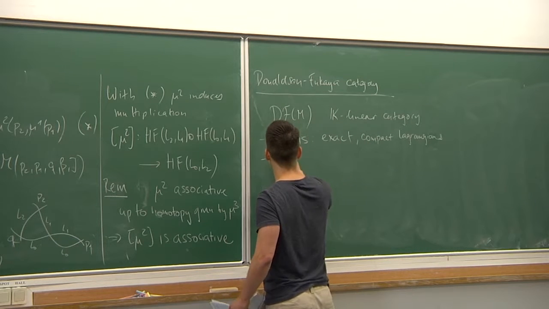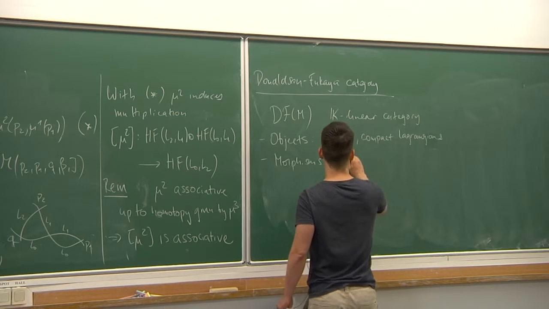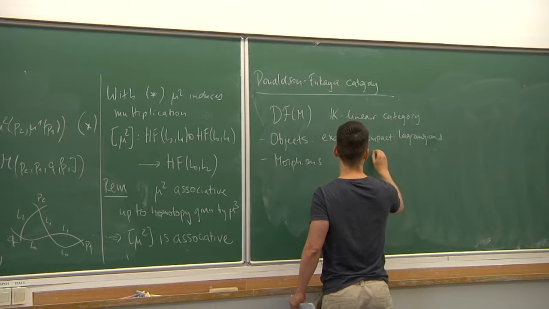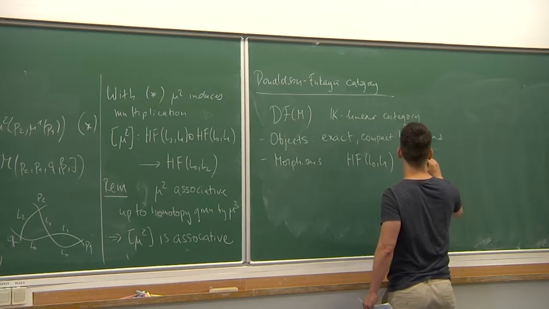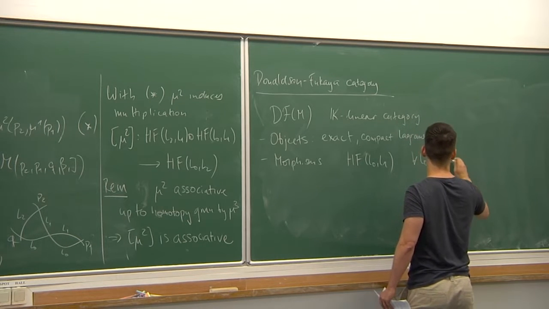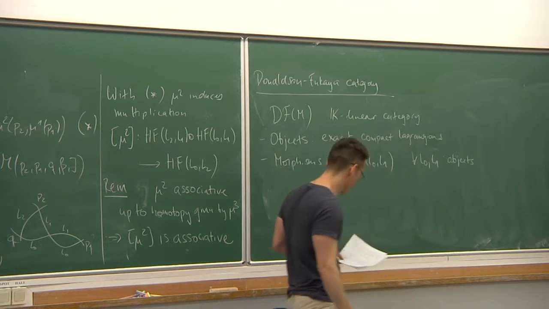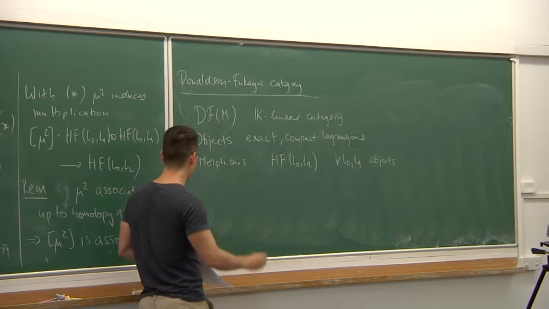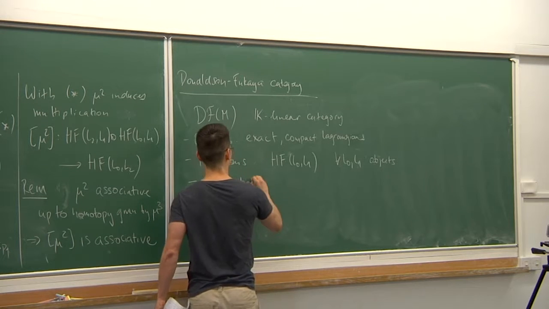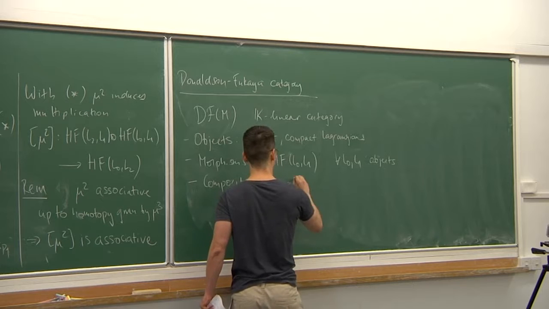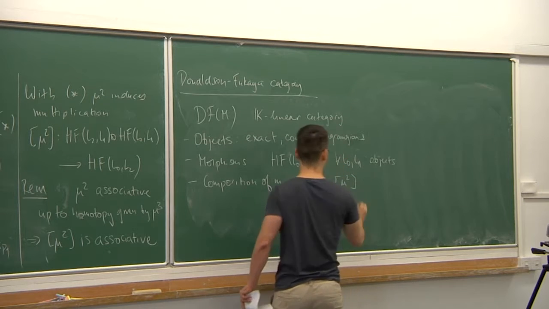The morphisms are given as follows: precisely the Floer cohomology groups of L0 and L1 for all objects L0, L1. And the composition of morphisms is given by this mu2 operation.